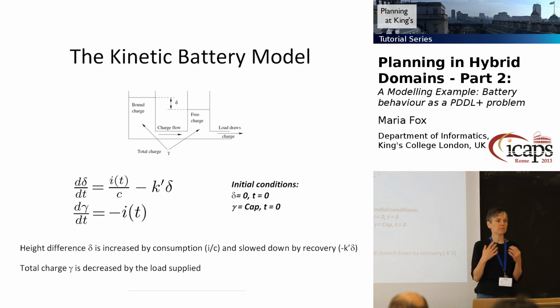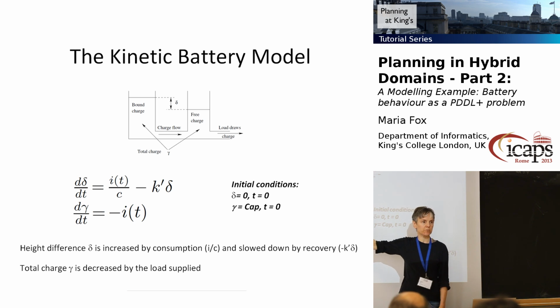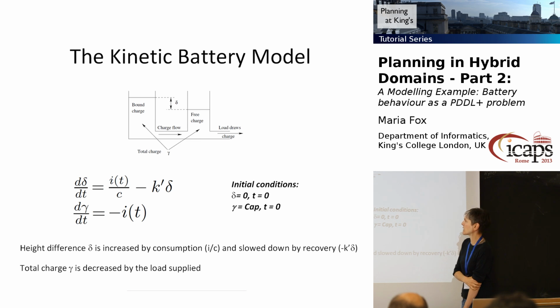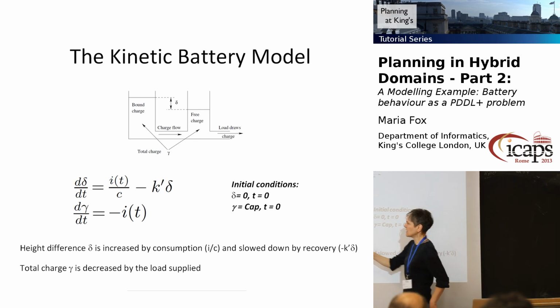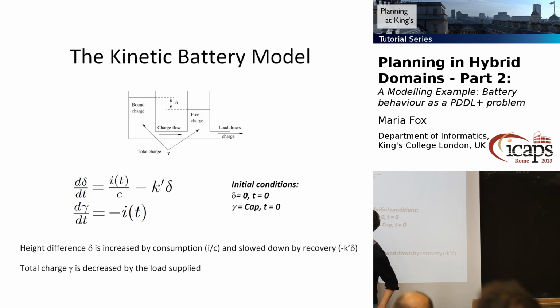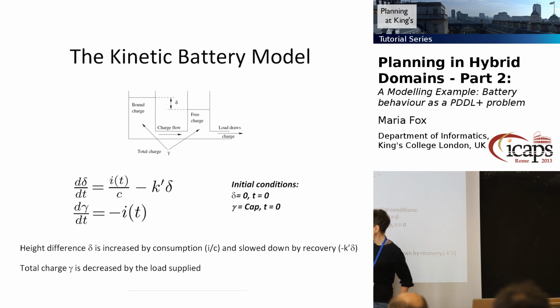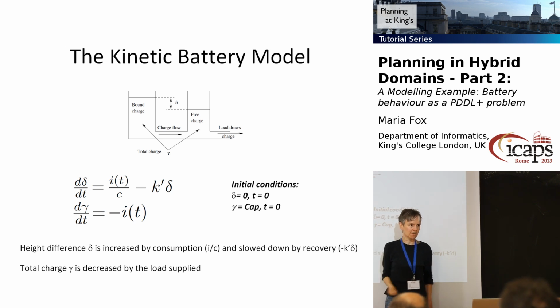These two capture the discharge behaviour of the batteries and the recovery, and those are the differential equations that we presented in the paper without really going through the process of how they are arrived at. Because when you look at them, you sort of see what's going on: the height between the two wells is affected by the draw of the load and the conductance between the two wells, and the difference in gamma is just decreasing as the load takes the charge off.